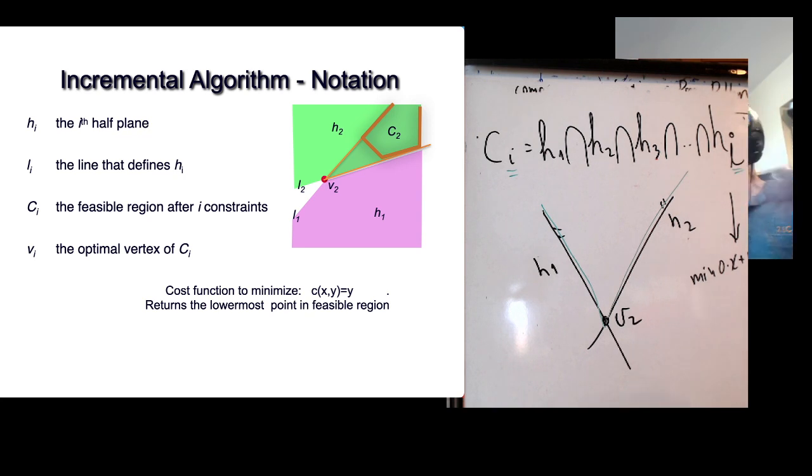Okay, let's insert edge 3, this green guy over here, and can somebody please tell me what is C3?